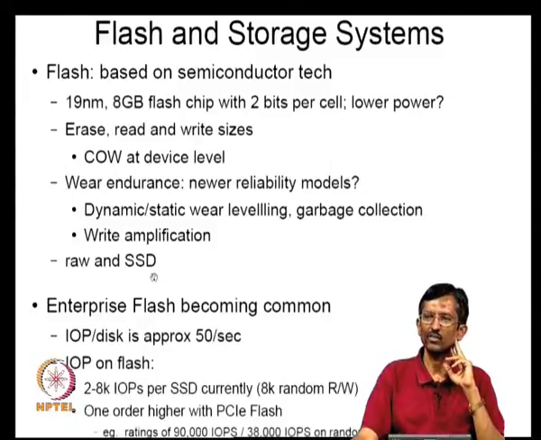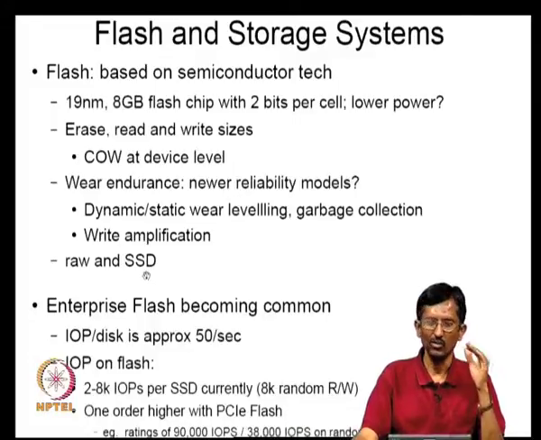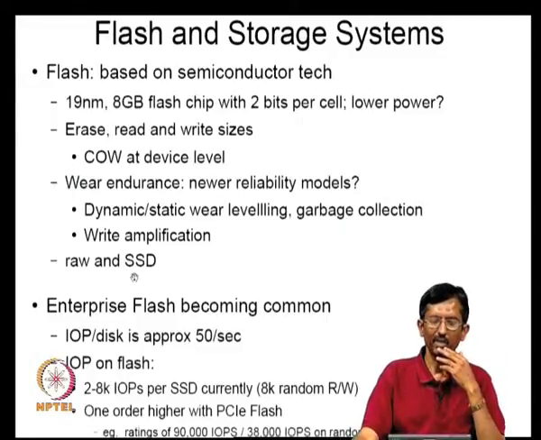These solid state devices, SSDs, basically have some policy for how to do it, and it is internally done in the device, and you may or may not have complete access to how they do it, but it is done for you, and this SSD essentially gives you the same interface like a disk. Okay. Basically, a disk has, for example, a SCSI kind of interface, and they will give you a SCSI interface. Okay.